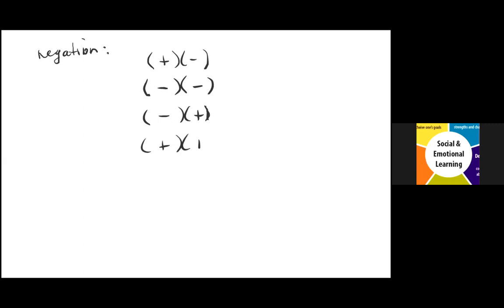Positive times positive is easy, it's always going to give us a positive. Negative times a positive, we saw, is going to give us a negative number. Negative times a negative is also going to give us a positive. And a positive times a negative is going to give us a negative.